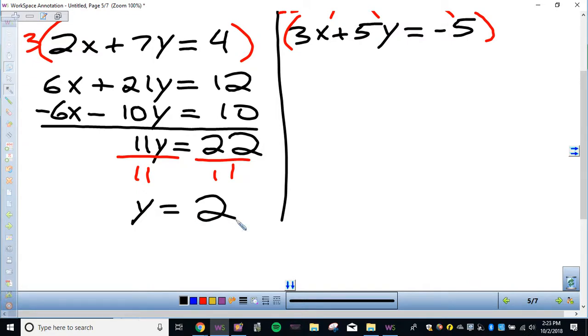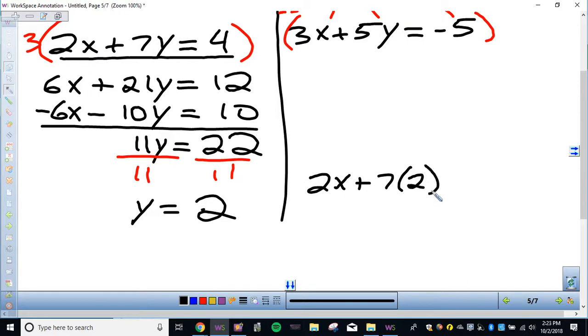I'm going to plug the 2 into this equation right here before I multiplied it, because all the numbers are positive. So we get 2x plus 7 times 2 equals 4. So we get 2x plus 14 equals 4.